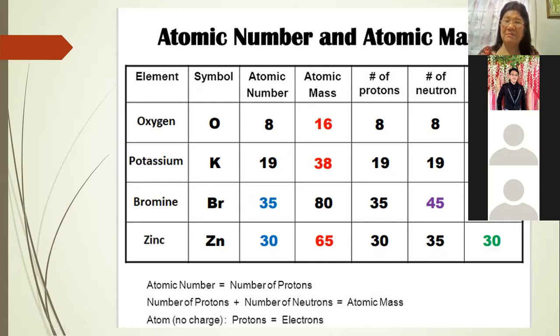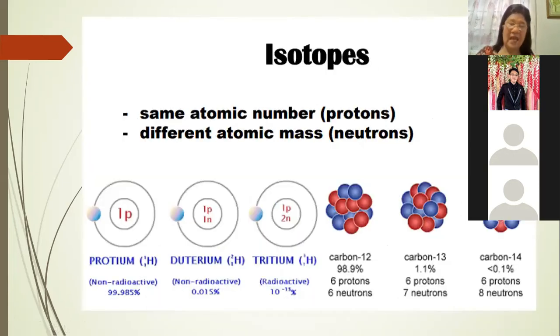And atomic mass. By the way, what are isotopes? Actually, isotopes are atoms which have the same atomic number, but they differ in the number of neutrons.